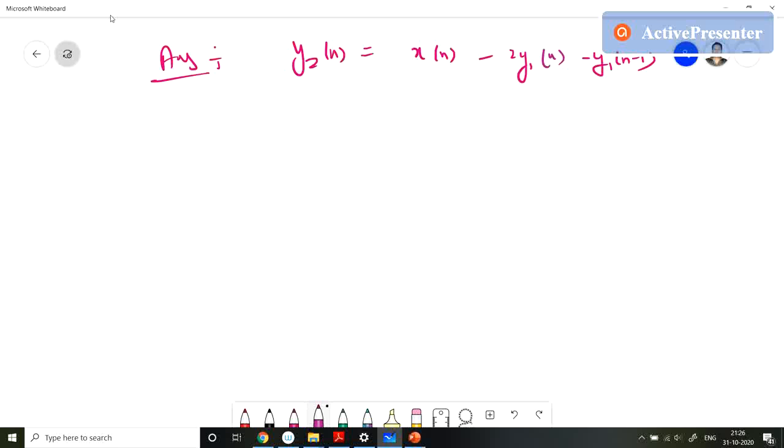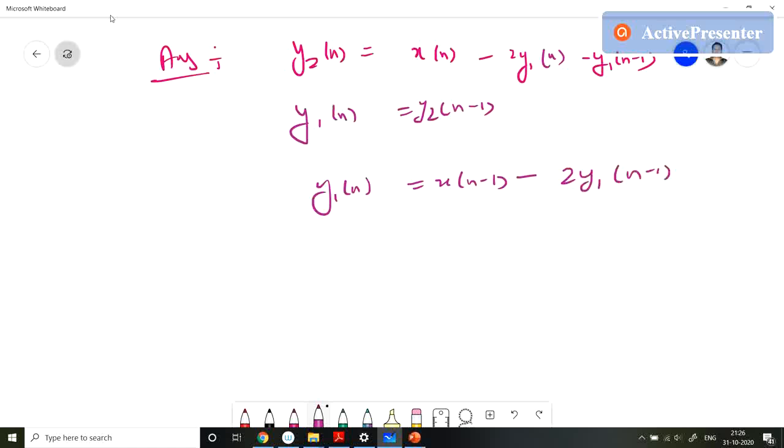Also y1(n) is y2(n minus 1). So what we will get here is y1(n) is equal to x(n minus 1) minus 2y1(n minus 1) minus y1(n minus 2).